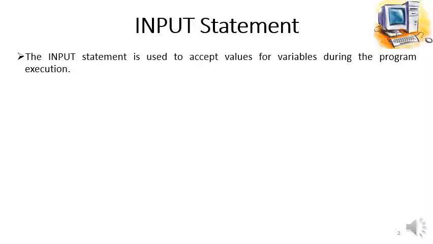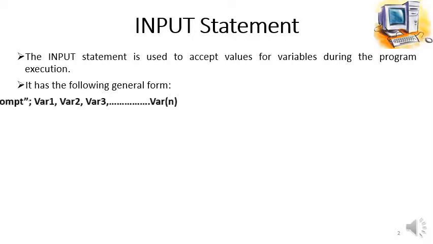So that is a constant value that I am assigning to this variable a. But sometimes we need to change the variable values each time when we execute the program. So in that case we need the input statement to input different values for the same variable when the program is executed each time.